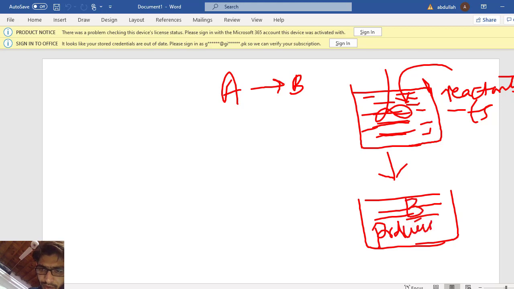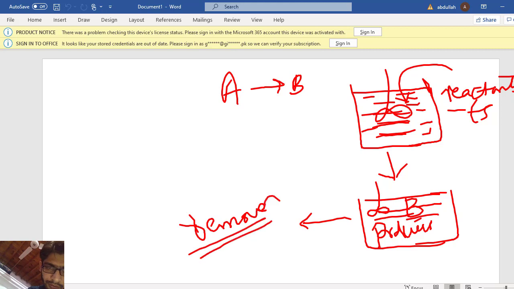B is produced after a certain time, and we remove the product from the reactor. This is the batch reactor.